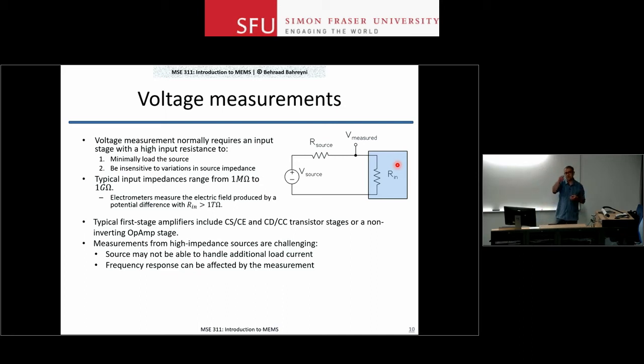So as soon as you have additional R in your circuit, you're affecting the RC, the capacitance resistance time constants. There could be additional thermal noise once you add this additional R into your circuit. And that could, again, affect the measurement resolution in some situations. We'll talk about that later.